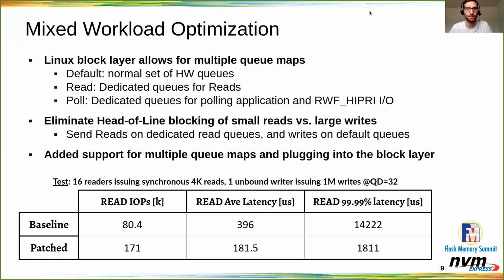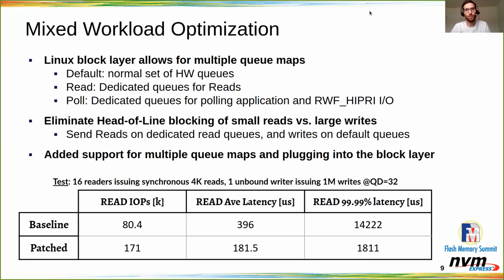Usually, when the application signals to the kernel through a high priority IO flag that it's interested in a high priority IO command, it will be directed to the poll queue map, and this poll queue map is designed to host latency sensitive IOs.